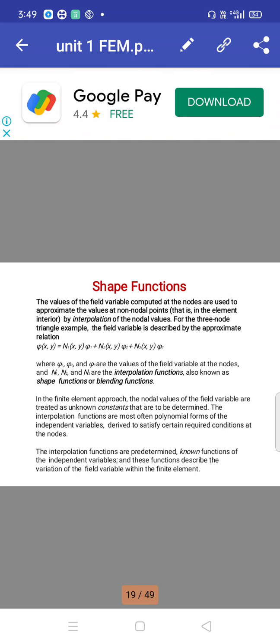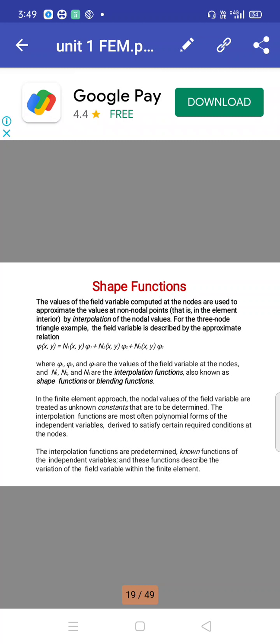So phi(x,y) is equal to N1(x,y) phi1 plus N2(x,y) phi2 plus N3(x,y) phi3, where N1 is a shape function, and phi1, phi2 and phi3 are the values of the field variable at the nodes.